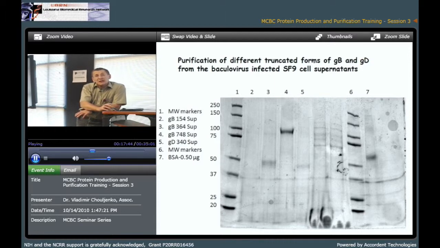Considering that it's only a small aliquot from the total protein amount, we can easily purify at least 10 to 15 microgram of protein from all these experiments. They were done from 50 mil of suspension culture.